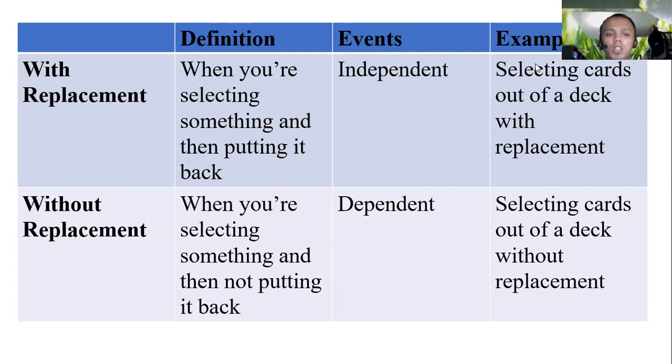Then without replacement, when you select something and do not put it back, that is a dependent event. Example, selecting cards out of a deck without replacement. You make your first draw from the deck of cards, and then you draw another card without putting back the first card you drew, and that is a dependent event.